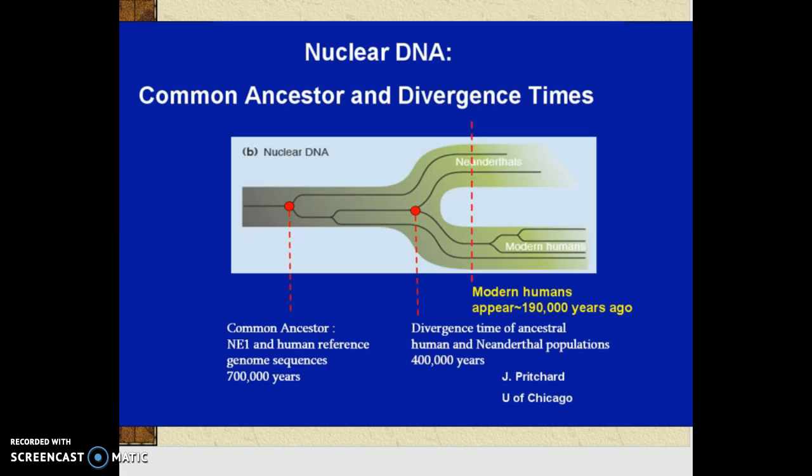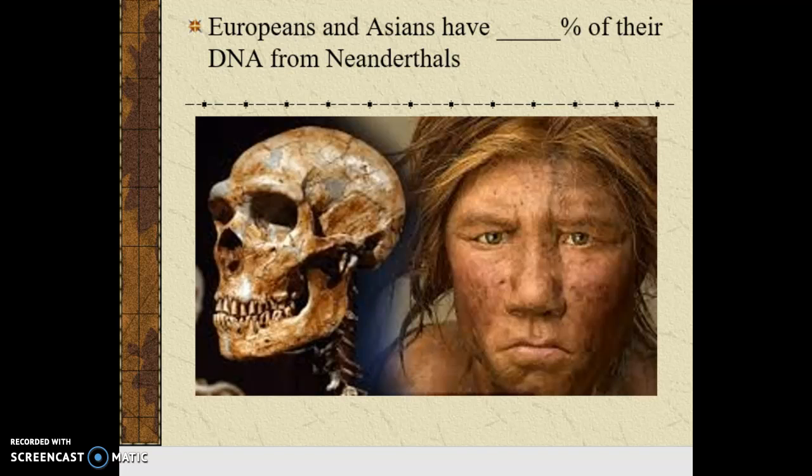What genomics has shown is that Europeans and Asians have anywhere between 1 to 4% of their DNA that is from Neanderthals. So our European ancestors and Asian ancestors were interbreeding with Neanderthals, mixing up the genome.